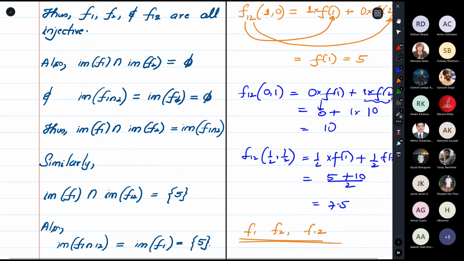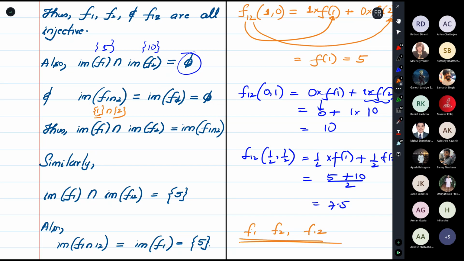Now if you take their intersection, because this is 5 and this is 10, I hope you agree that if you intersect them you get the empty set, right? On the other hand, if you look at f of 1 intersection 2, for this you have to take the set 1 and intersect it with 2.